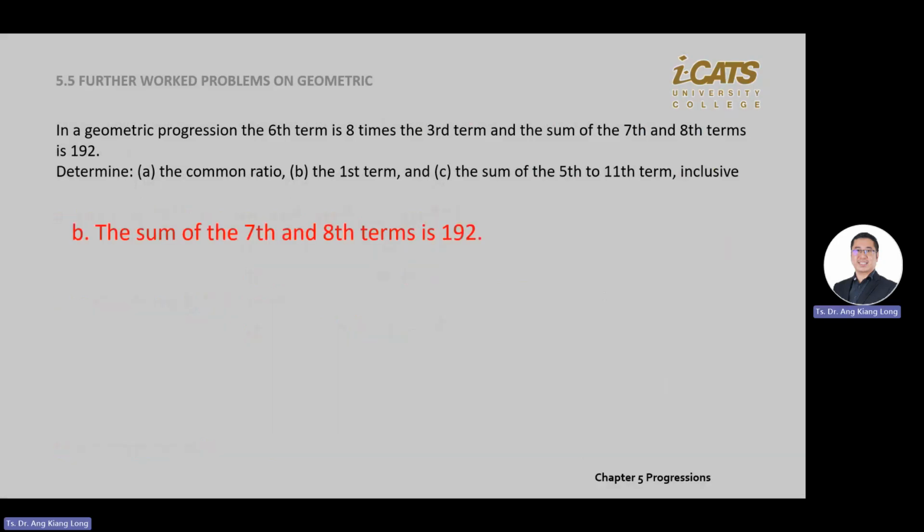The next statement tells you the sum. The sum of 7th and 8th terms is 192. The 7th term is ar^6, the 8th term is ar^7. These two added together, you get 192. You already found your R, so you are able to find your a.